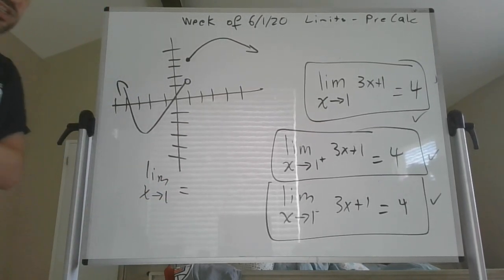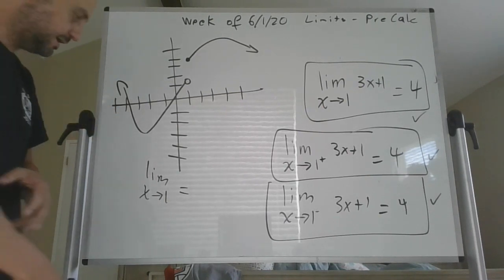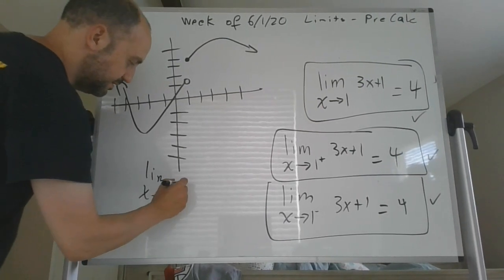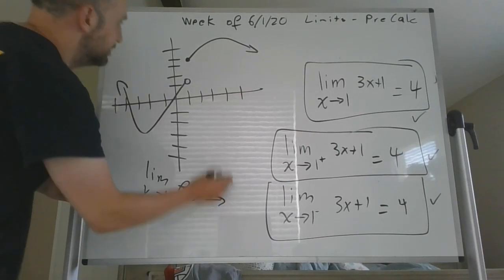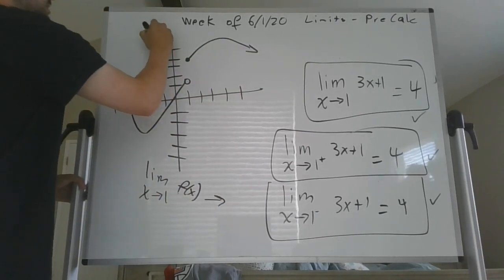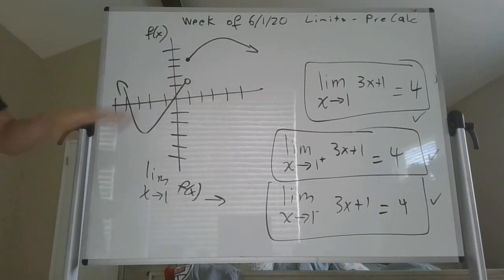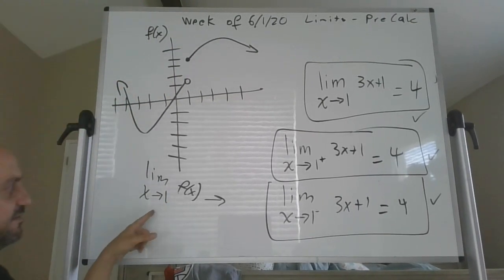Here's the tricky thing of this function. The limit of f of x as x approaches 1. We'll call this f of x. This entire graph is f of x. So what's the limit of f of x as x approaches 1?